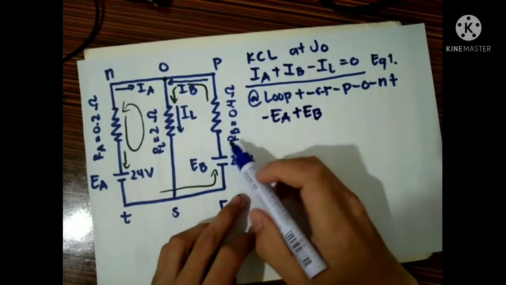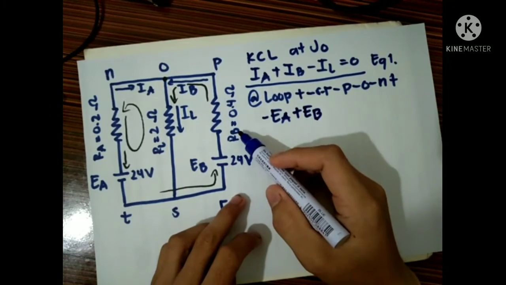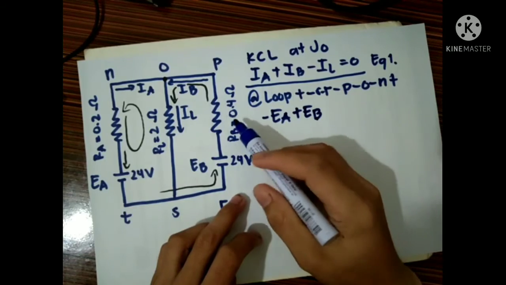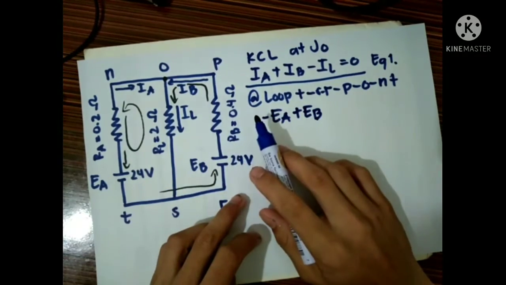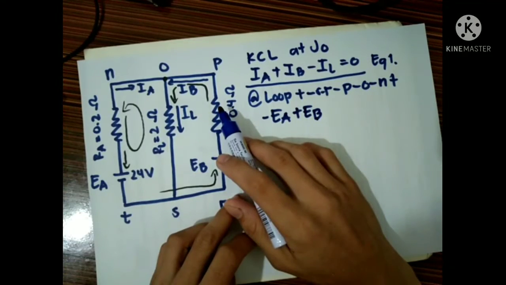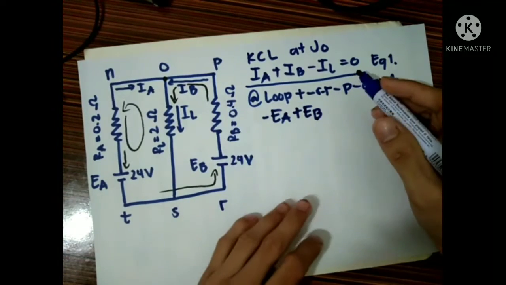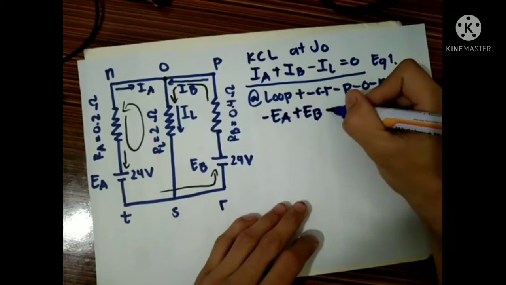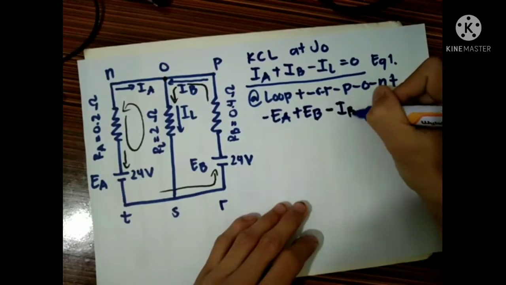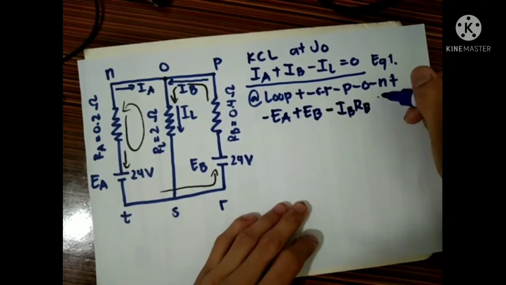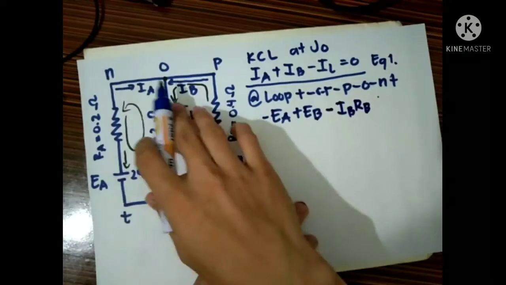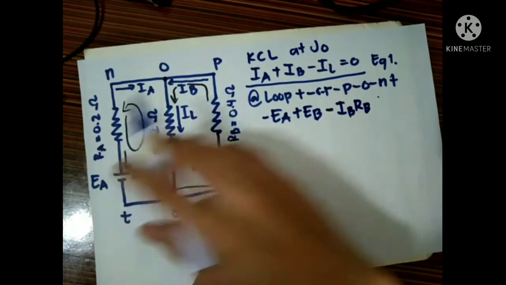Then it enters RB, multiplied by IB. Since it has the same direction, negative IB multiplied by RB. Next is the IA in RA.